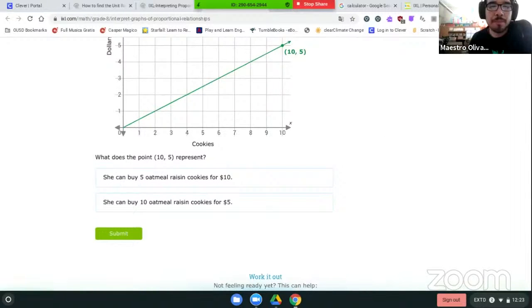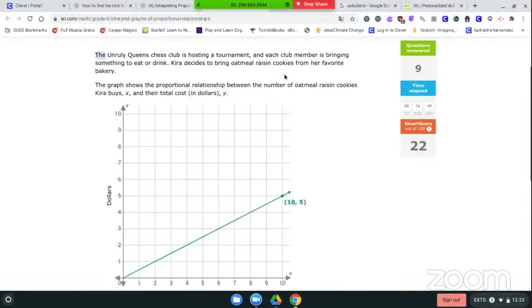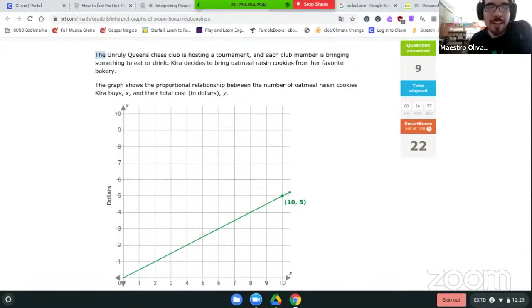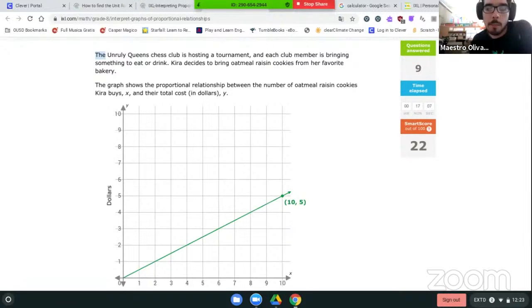Okay. So, el 10 representa dinero o galletas. Cookies. Okay. So el 10 representa galletas, right? Cookies. Yes. What about el 5? El 5 representa el total de los dólares. ¿Cuántos dólares son?